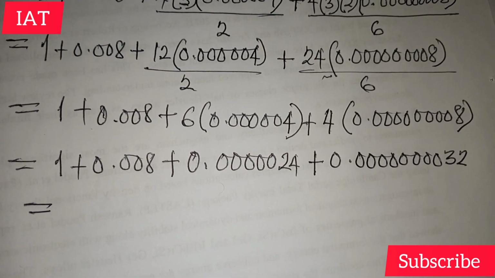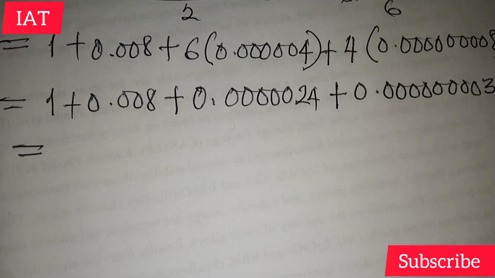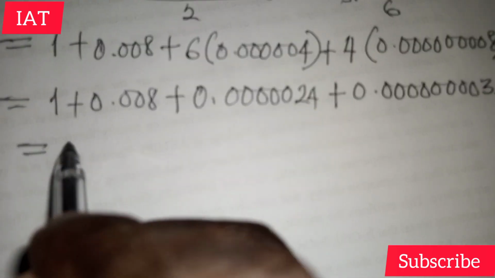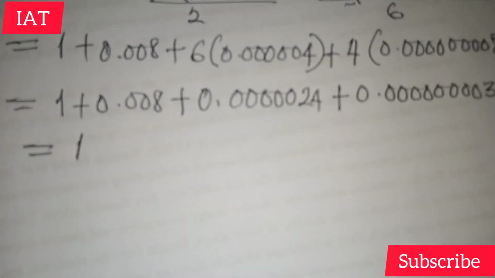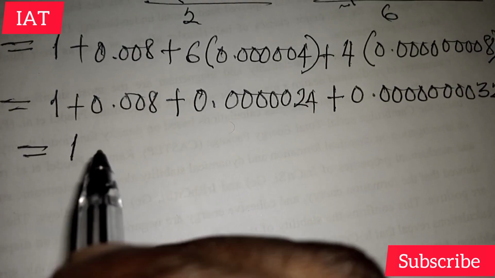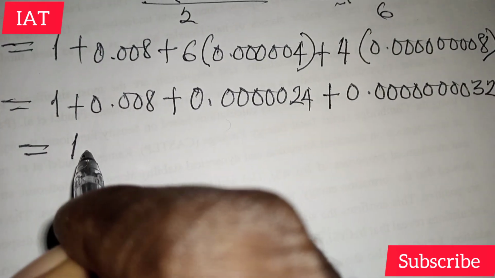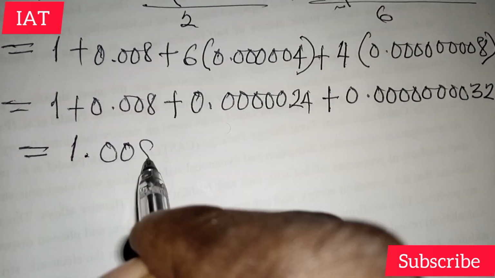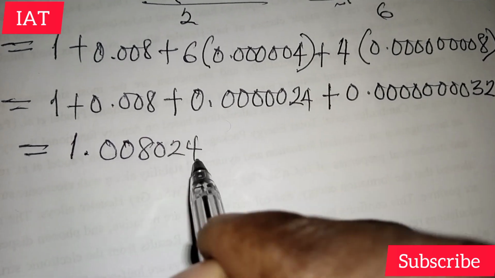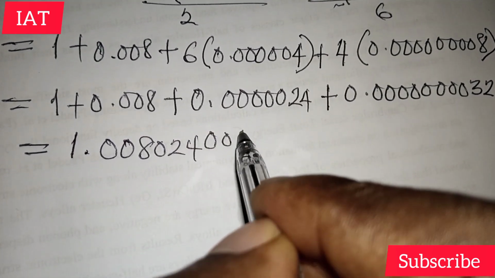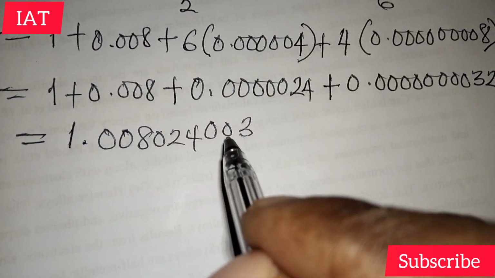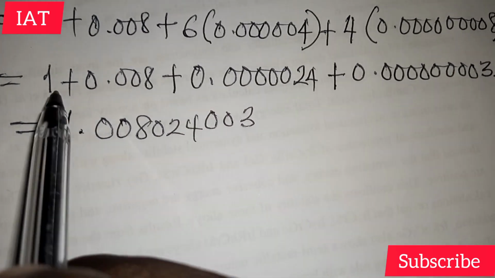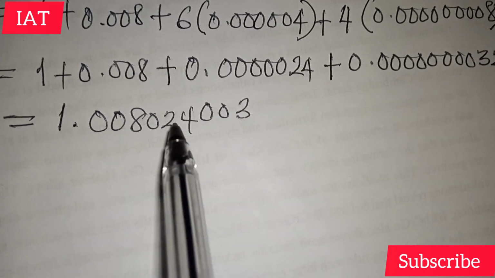The result to this, you may want to check if it corresponds with yours. In my case, I'm having 1.008024003. This is the result when you add up all these things.